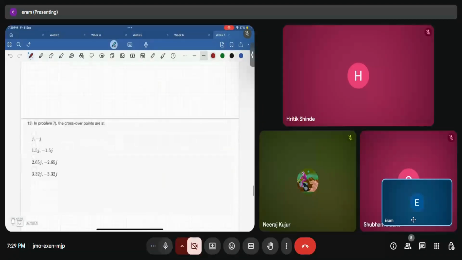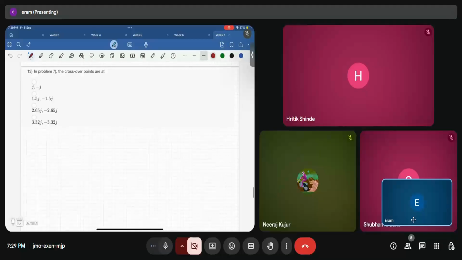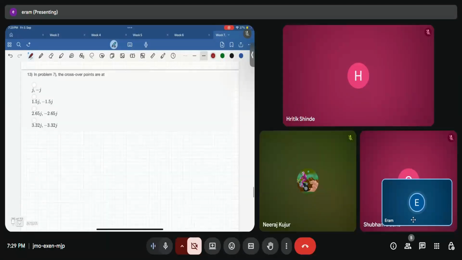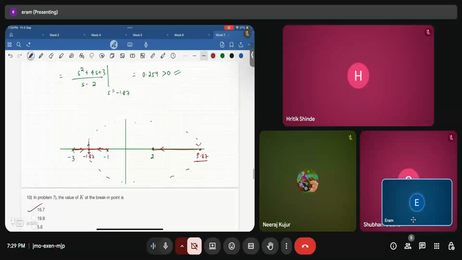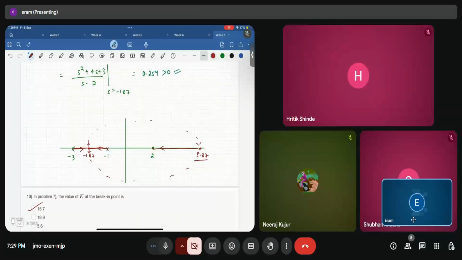Now, for this problem, what are the crossover points? As we have already seen in this root locus, that is not the exact one; we have drawn it by intuition only.